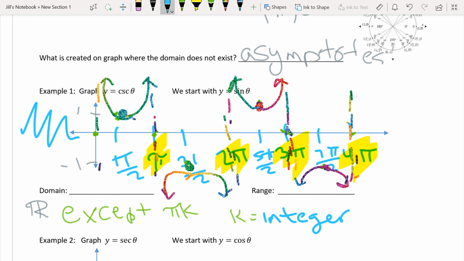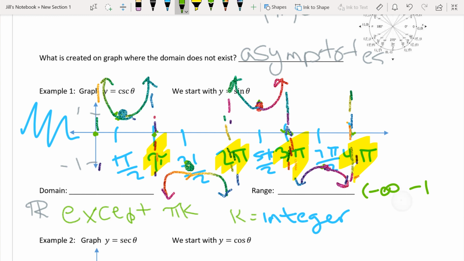Now, what's the range of the graph? Well, notice the sine went between -1 and 1. The cosecant goes from 1 up and from -1 down. So I can't quite fit it here, so I'm going to write the range over here. The range is -infinity to -1.